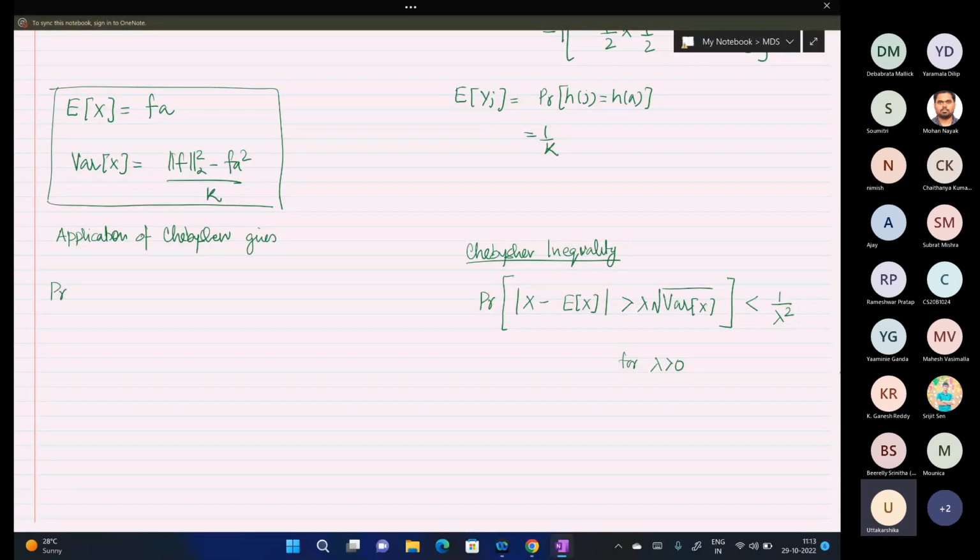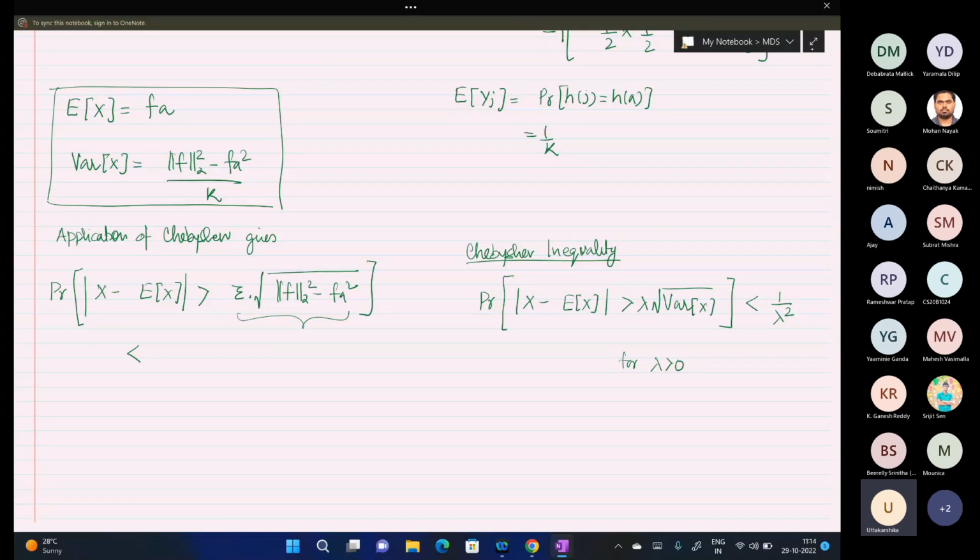Probability of x minus e of x is greater than epsilon times square root of f2 square minus fa square. So basically we are using this term as lambda times the standard deviation of x.